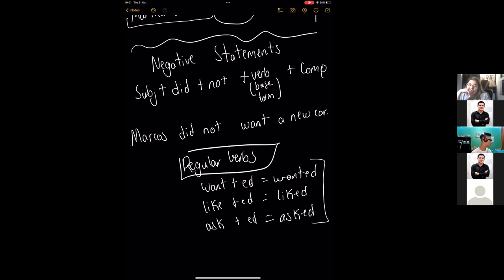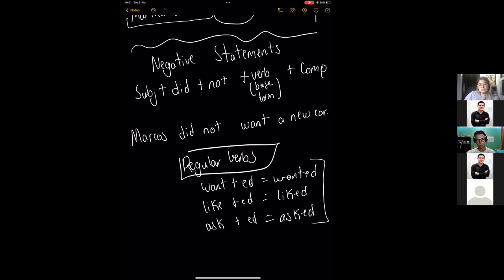Very important. When it is negative and we have did, we are going to remove the past form of the verb.